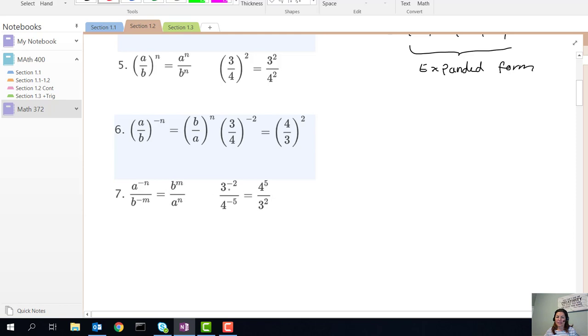So same thing here with the example. Notice that the 3 to the minus 2 went to the bottom as 3 squared, and the 4 to the minus 5 went to the top as 4 to the fifth. So let's try some examples of some of these rules.